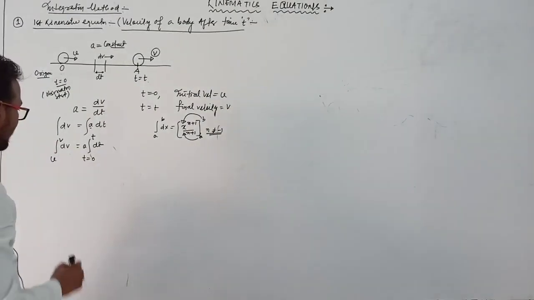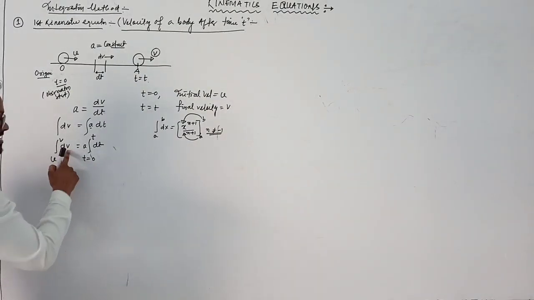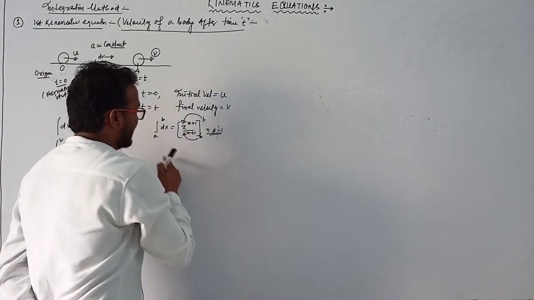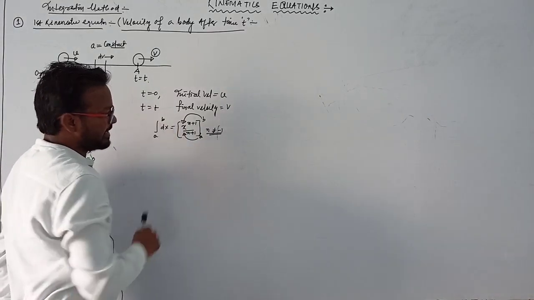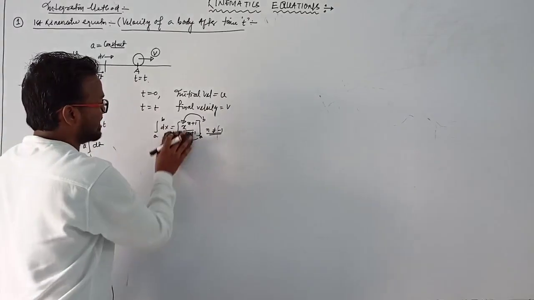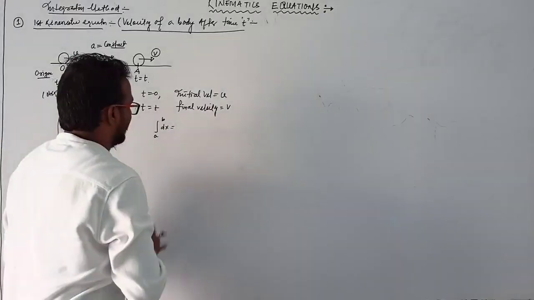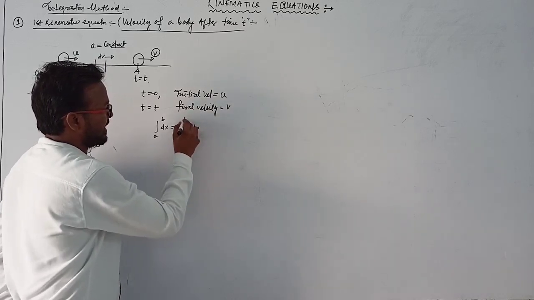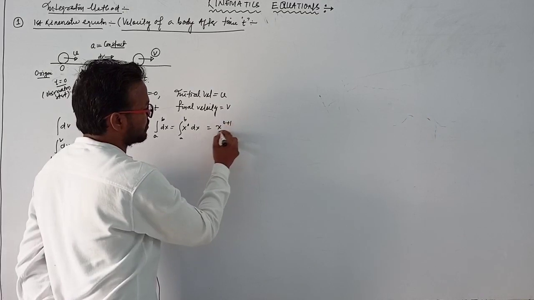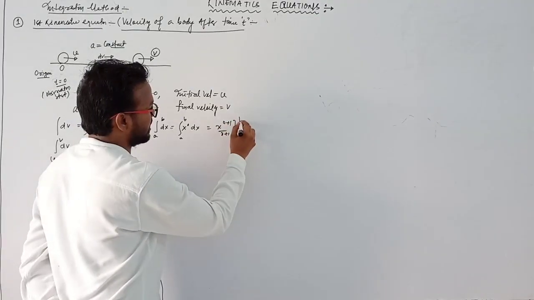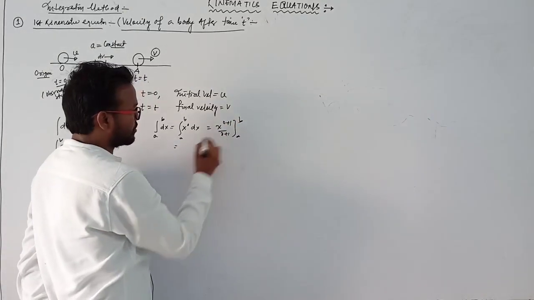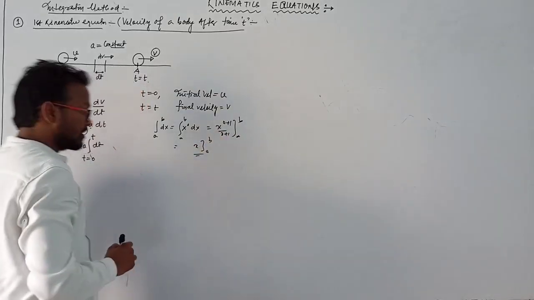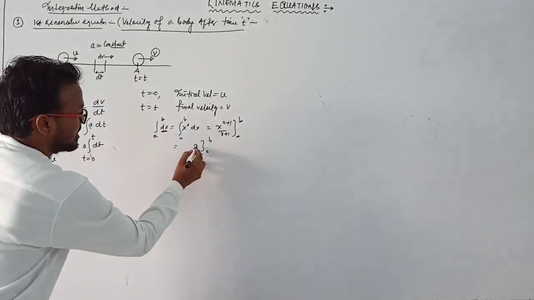So in this process we can write the integration of dx using this relation. Then we can write x to the power 0 dx integration over a to b, means x to the power 0 plus 1 by 0 plus 1 with limits a to b. That means we get x with limits a to b, like this. So the integration of dx is equal to x.